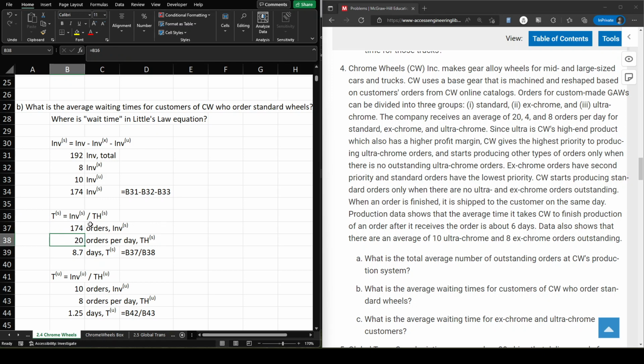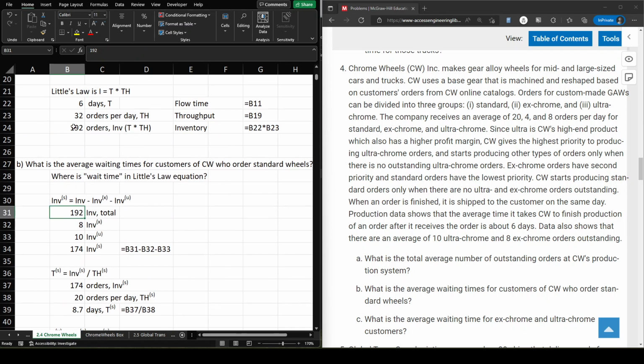We need to find what the inventory is for those standard wheels before we can identify the wait time or the flow time for the standard wheels. So in order to compute the inventory of the standard wheels, we use this formula. We take the total inventory, which we know is 192 from the previous calculation.